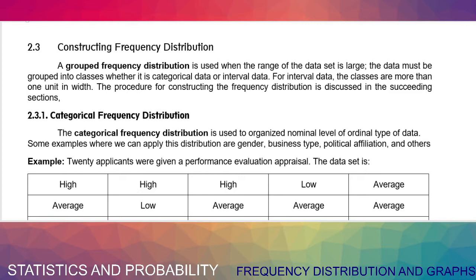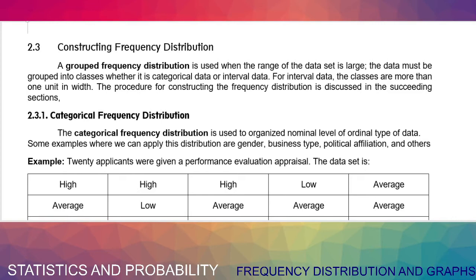The procedure of constructing the frequency distribution is discussed in the succeeding section. So when we say group frequency distribution, it is only used when our data is large or numerous. So that means you will only use it there. Then the classes are grouped into categorical or interval data. If categorical, our data is nominal data. Okay? While the other one is interval data. We also call it group frequency distribution.